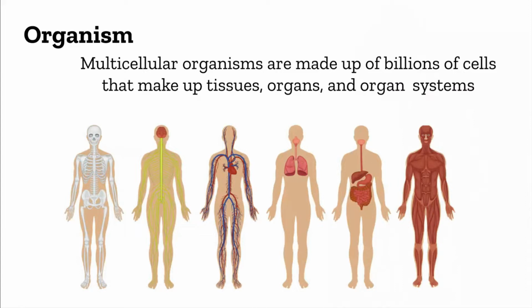Multicellular organisms are made of billions of cells that make up the tissues, that make up the organs, that make up the organ systems. All the organ systems combined, like the skeletal, nervous, circulatory, respiratory, digestive, and muscular, help allow the multicellular organism to function, allowing it to carry out all of the different traits necessary for something to be considered a living thing.